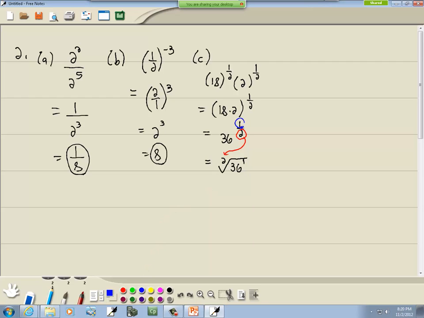Whatever number is up on top is what power goes right here. Well, index of 2 is the square root. So this would just be the square root of 36. And 36 is 6 times 6. And it's a square root, so our index is 2, so we're looking for a pair of somethings. Here's a pair of 6s, so those are going to come out as a single 6.